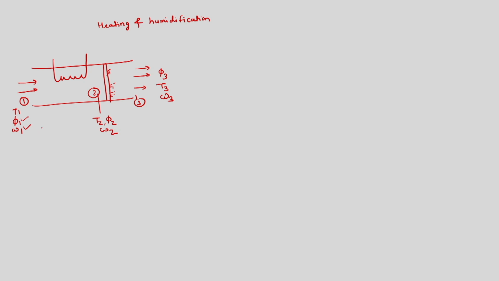We can understand the process 1 to 2 as simple heating, so we have omega 1 equal to omega 2, but after that we are adding liquid water or steam in the process 2 to 3 for humidification, so omega 2 is not equal to omega 3.